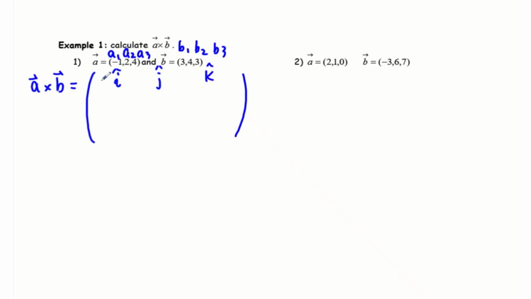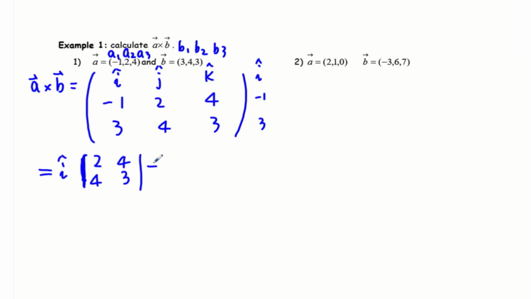We copy the XYZ coordinates here, -1, 2, 4, then 3, 4, 3. We copy the I out here, okay? Because later we may need this one to continue for the direction. So that equals I direction. We ignore the I, we just have this part, 2, 4, 4, 3.